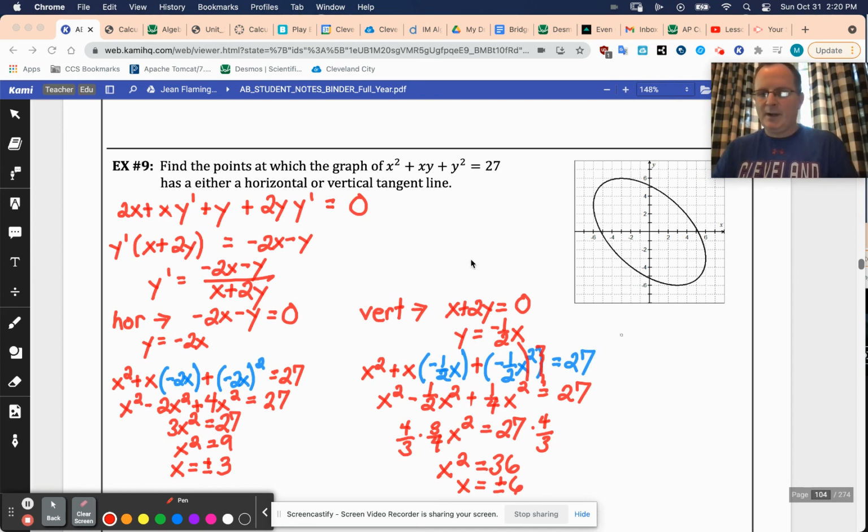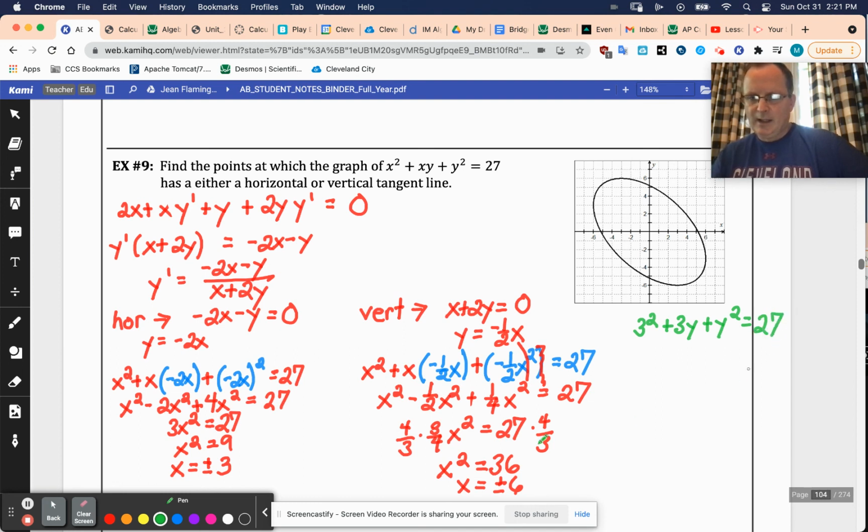The thing left to do is to find out what the y values are. So when x is 3, we're out of room. When x is 3, I've got 3 squared plus 3y plus y squared equals 27. So we have a little quadratic there to solve.